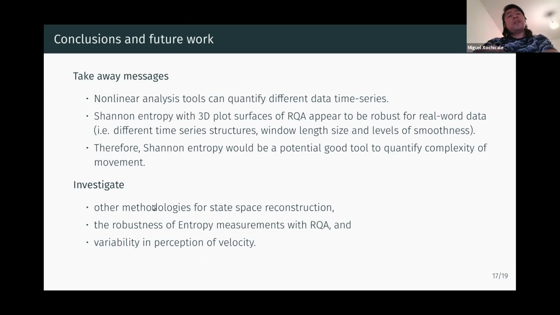And there are still many things to do, for example, investigating more about the methods to do a proper space reconstruction, because there are plenty of things to do for the creation of these m and tau values. Also, getting a more robust value for entropy measurements with recurrence quantification analysis, and of course doing a bit more variability work using the perception of the velocity of persons.